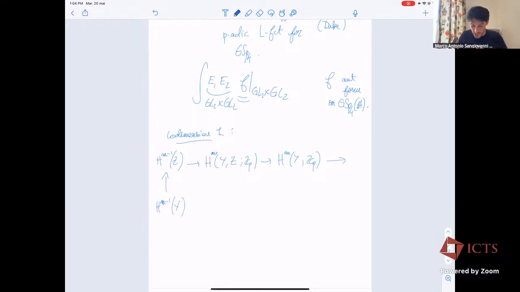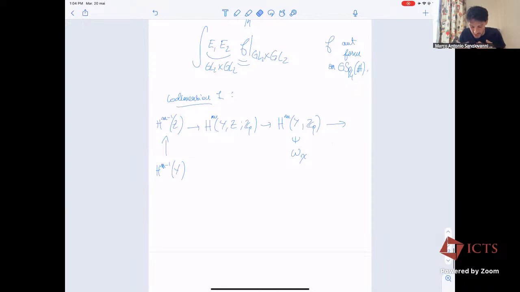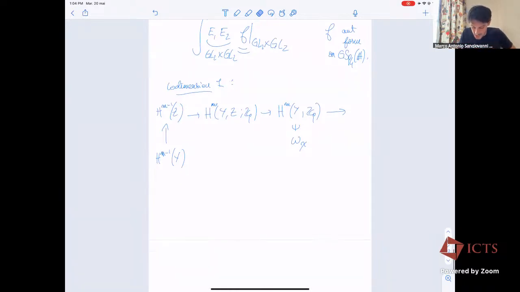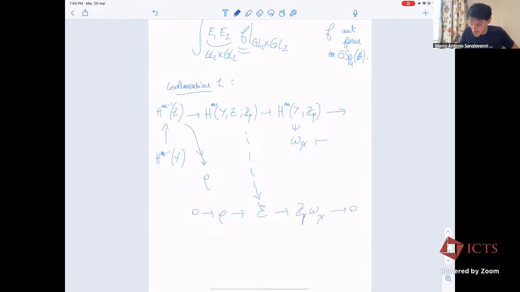So you would hope that here you have your class omega chi. Your class omega chi, you hope that it maps to 0 on the right-hand side, and the Galois representation is not killed by the image of this H^(m-1) of Y. And so then in order to build the extension, you get something where you get a map to rho, you get 0, rho, and then a subquotient of relative cohomology, and then here you get Z_p, if this maps to 0 here.